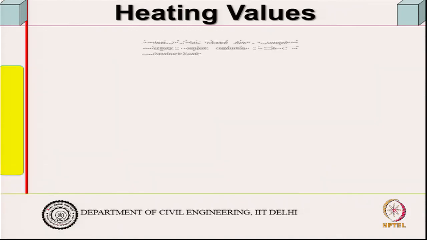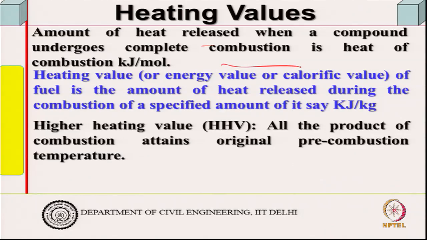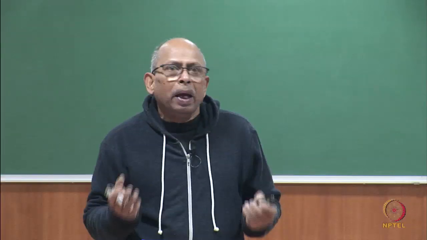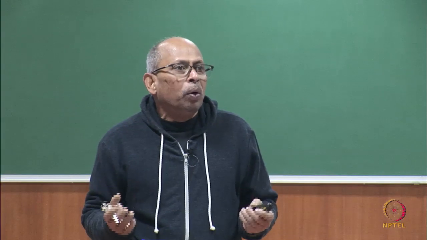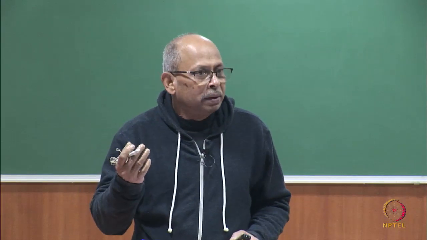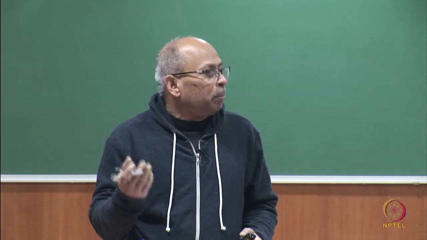So, this I already mentioned in the last class, the amount of heat released is how we define heating value, and we have two of them, the higher heating value and the lower heating value. In the higher one we are assuming everything generates heat and then everything returns to the original state. For example, there will be some moisture which will vaporize, so latent heat is absorbed by the moisture vapor.